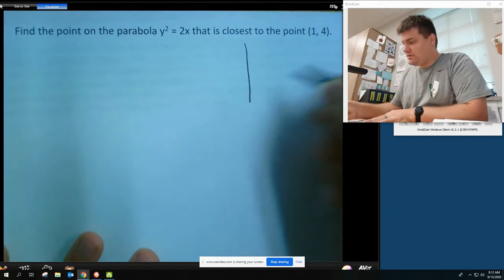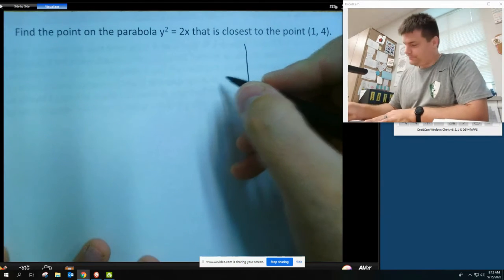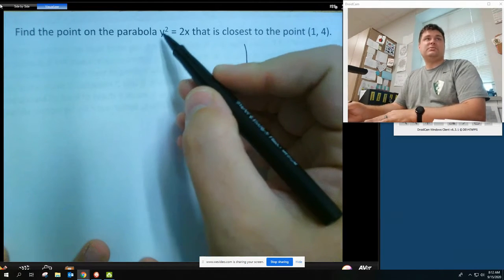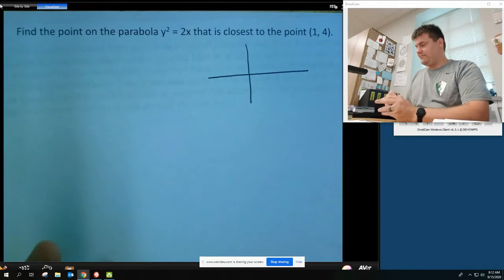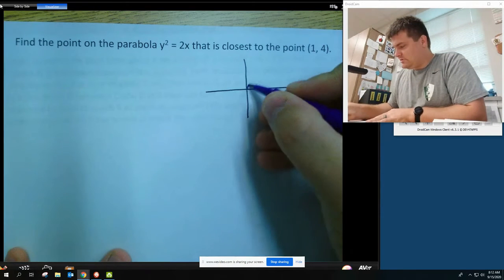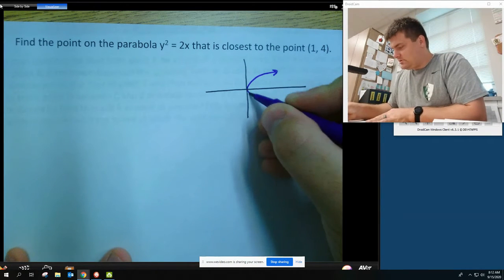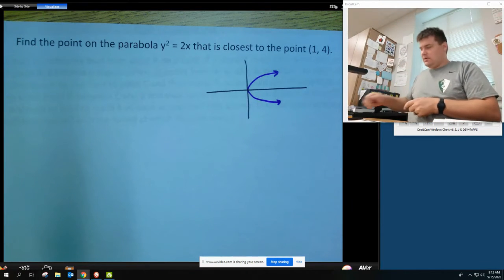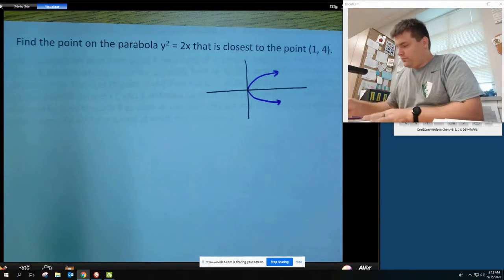So we got an axis like this. Now this is a parabola. Since it's y squared, it's going to be a right-facing parabola. So it's going to look something like this. All right, and then I'm going to mark off the point 1, 4.